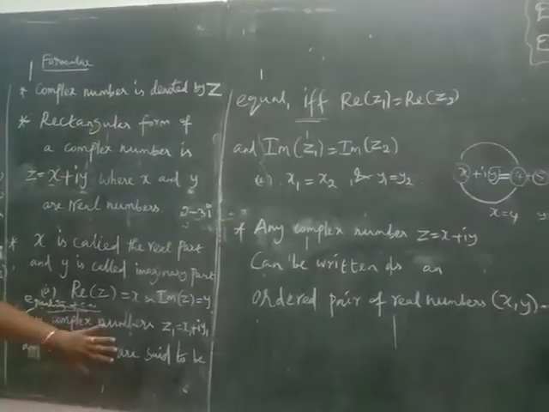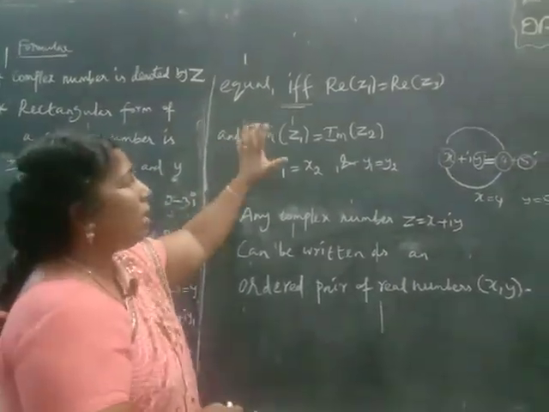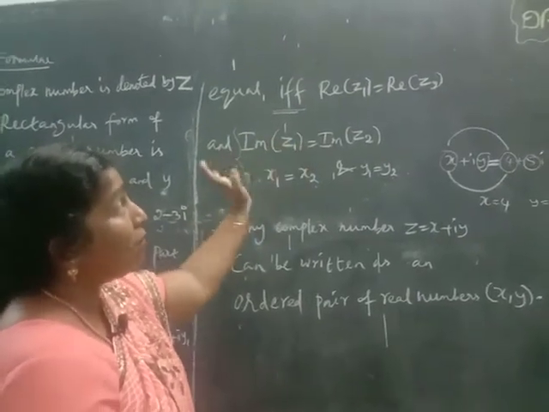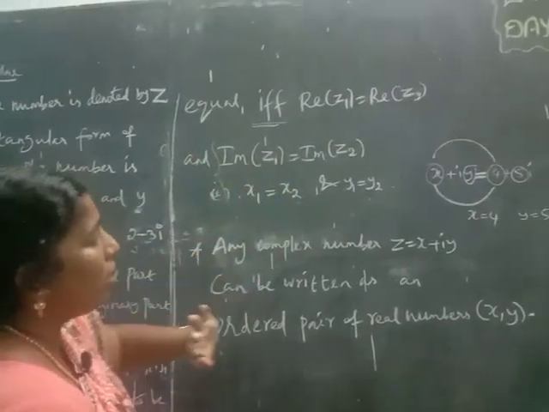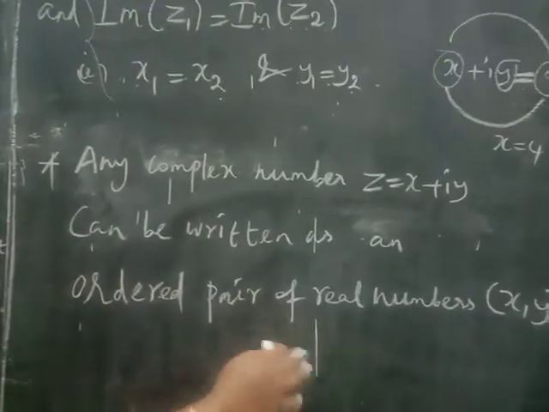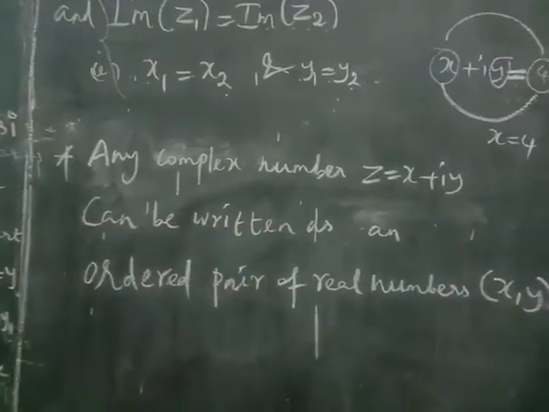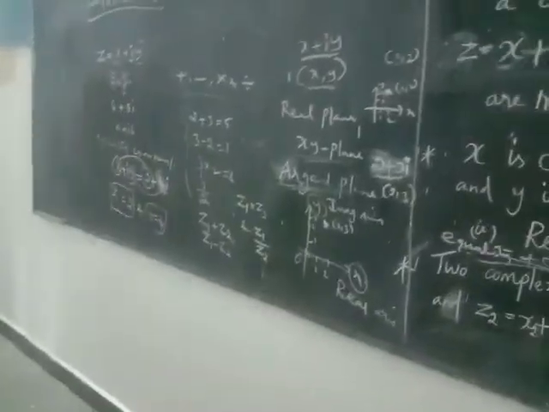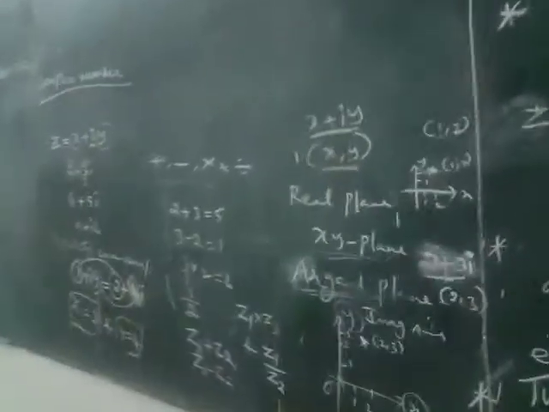Two complex numbers are equal means we can equate the corresponding real parts and imaginary parts. Any complex number can be written as an ordered pair x comma y. Now we are going to see some problems based on this concept.